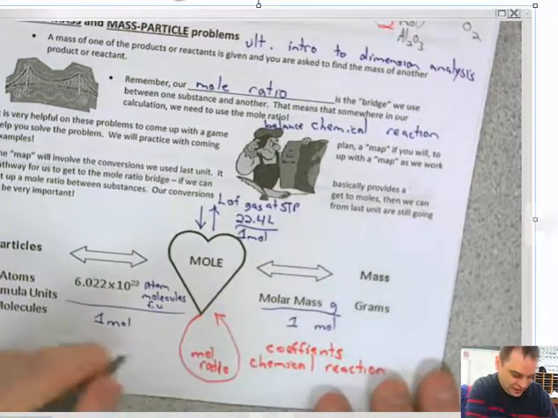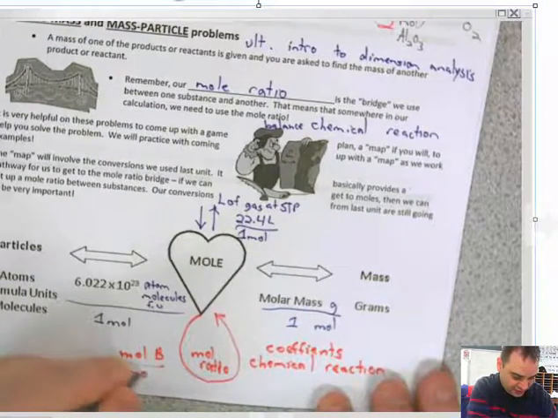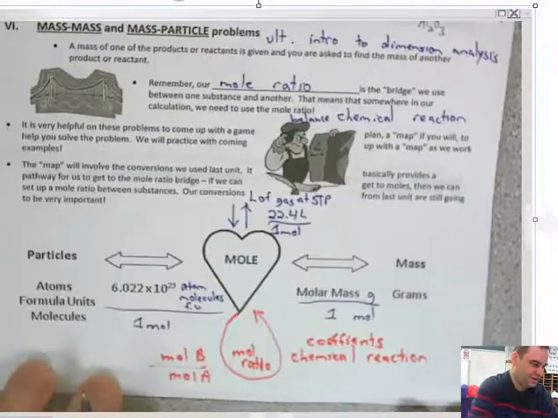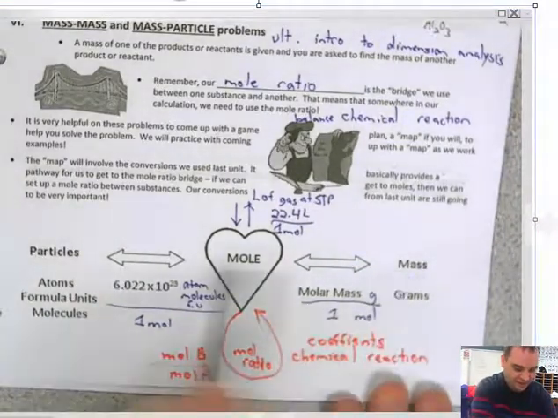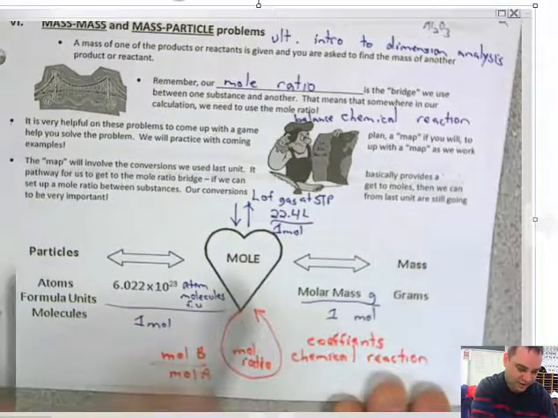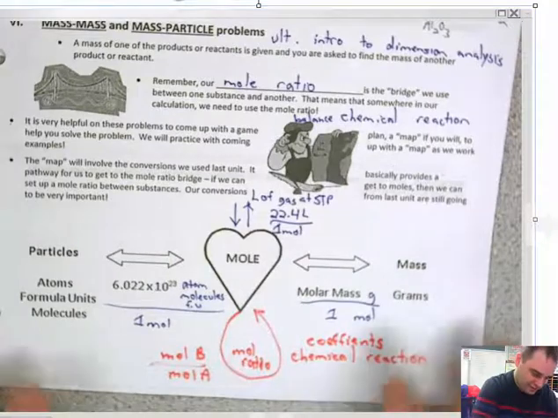And remember, your mole ratio is moles of B over moles of A, and these could be any number. So what I'm going to try to teach you how to do today is to do some 3-step problems. We're going to start here, go to the moles, go around the mole ratio, and then we can come back to mass or come over here, go different directions. There's a bunch of different ways to do this.